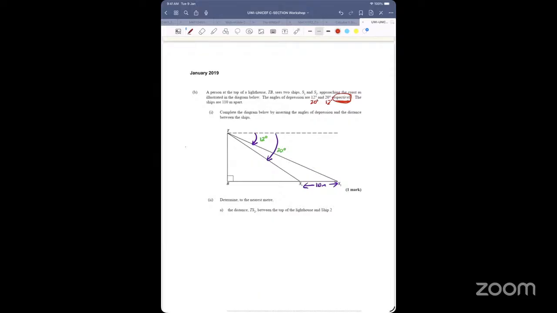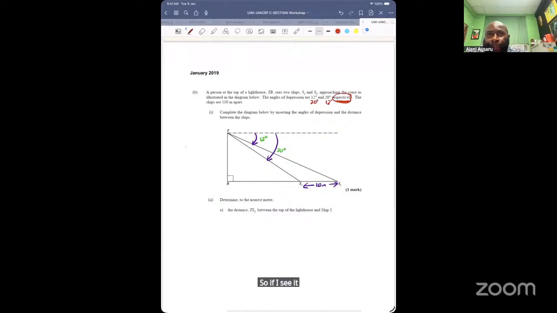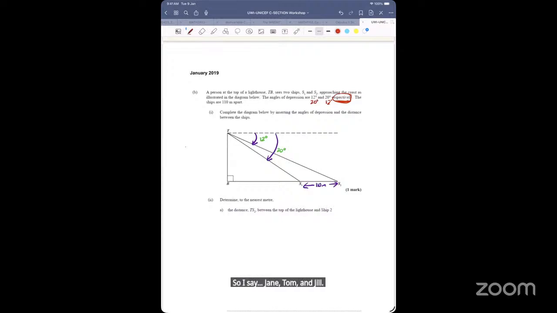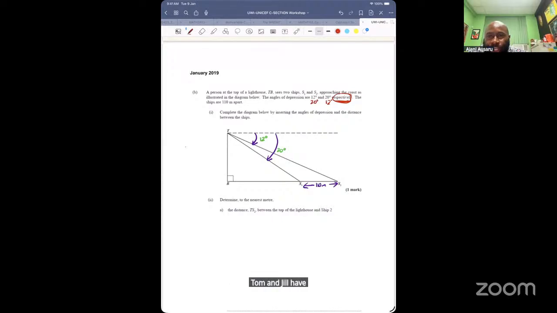It means orderly, like from big to small or something. Give me an example. If I say Tom and Jill have $10 and $20 respectively, what does that mean?